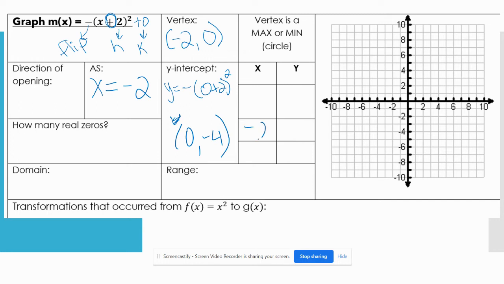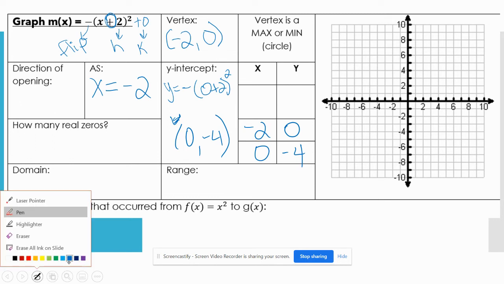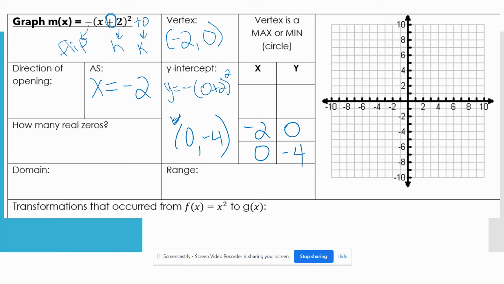I'm going to go ahead and put in our vertex and our y-intercept and plot those on our graph. We have -2, 0 is here. 0, -4 is here. I'm going to draw in our axis of symmetry to help us with another point.